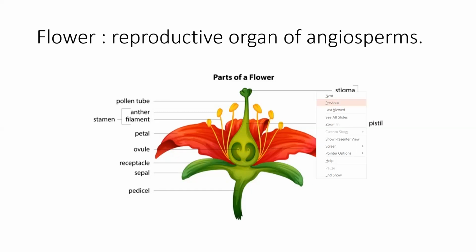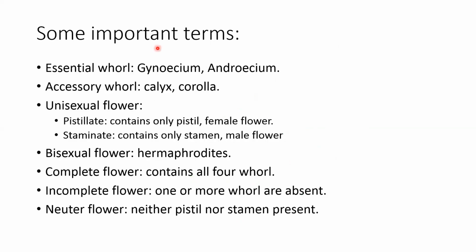So there are some important terms related with flower. I have told you about four whorls: calyx, corolla, gynoecium, and androecium. These four whorls are divided into two categories: essential whorl and accessory whorl. Essential whorls are those which are directly responsible for reproduction, which directly participate in reproduction.